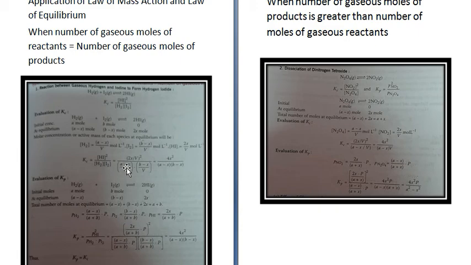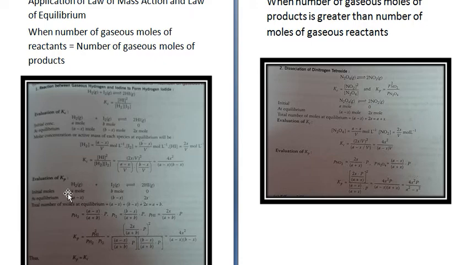So Kc will become 2x upon V whole square divided by, you'll put the molar concentration values over here, a minus x upon V into b minus x upon V, which comes to 4x square divided by a minus x into b minus x.